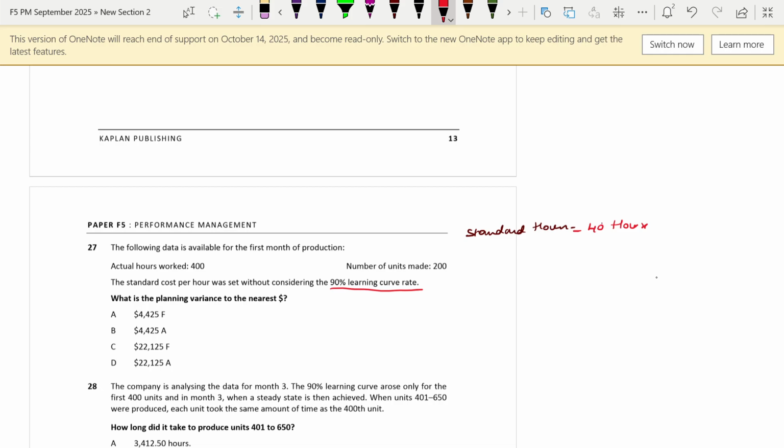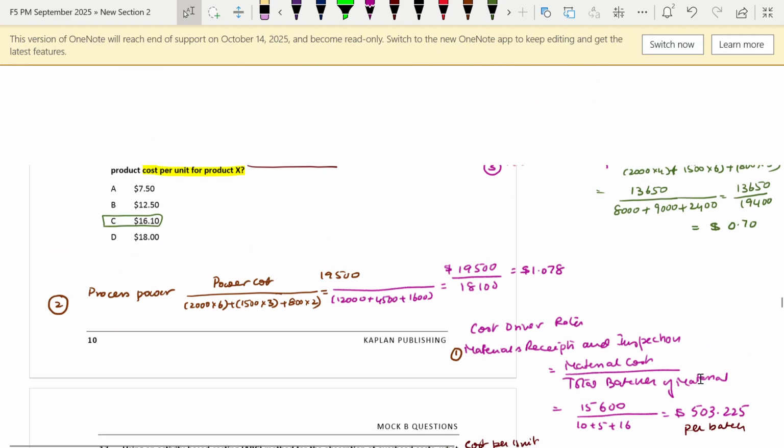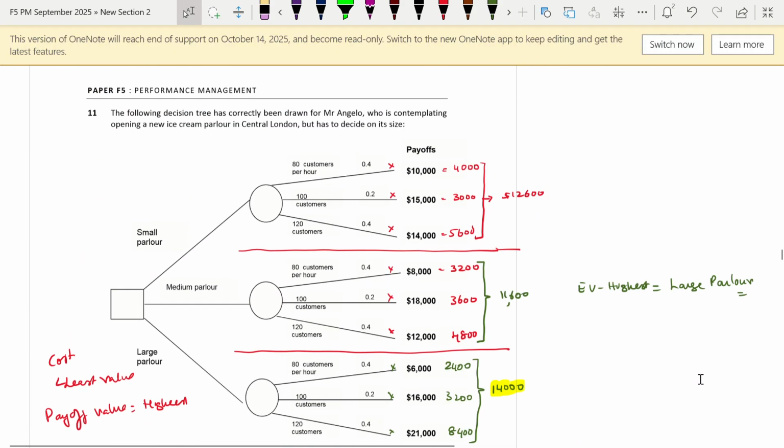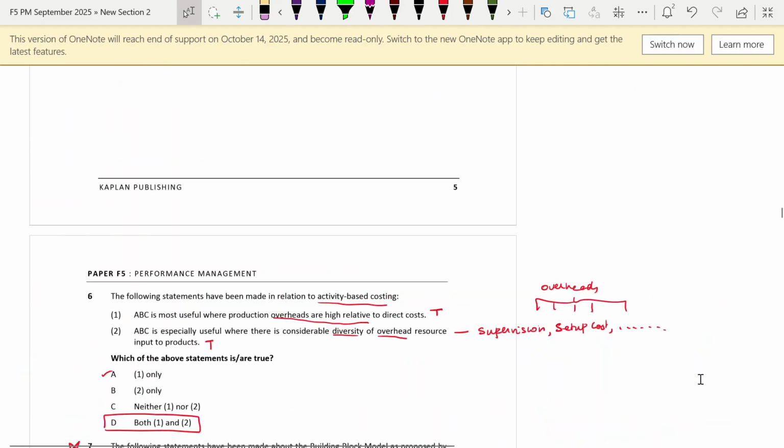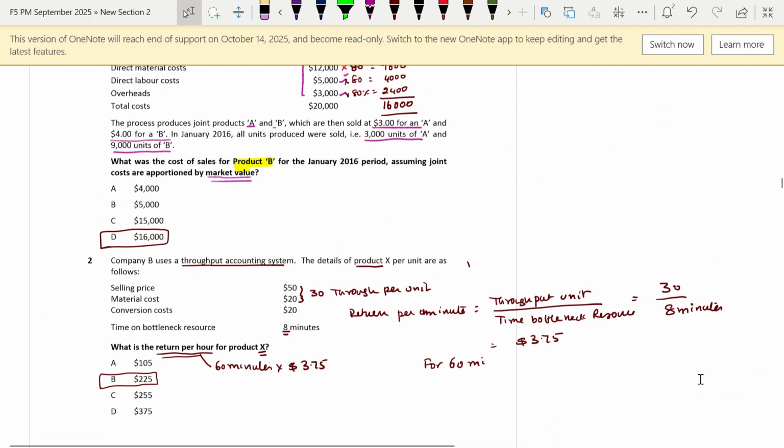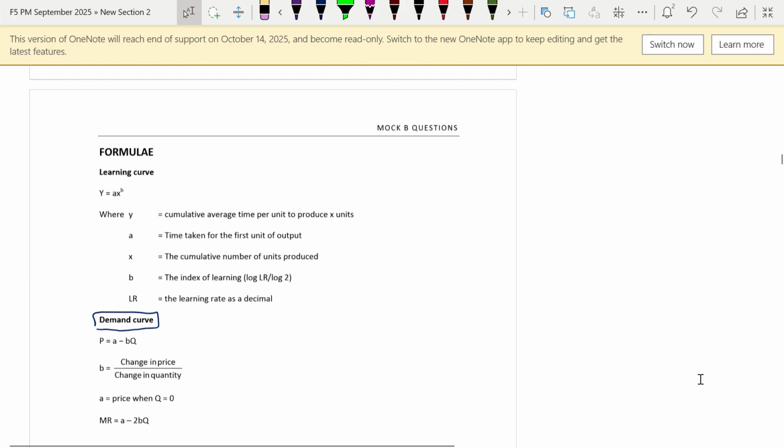Is it right? They say it's a 90% learning curve. What is the value of the 90% learning curve? Just check if it is given or not.